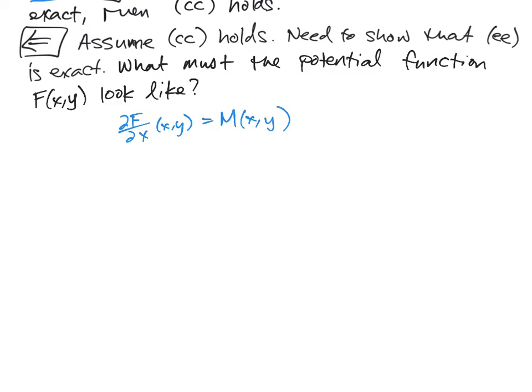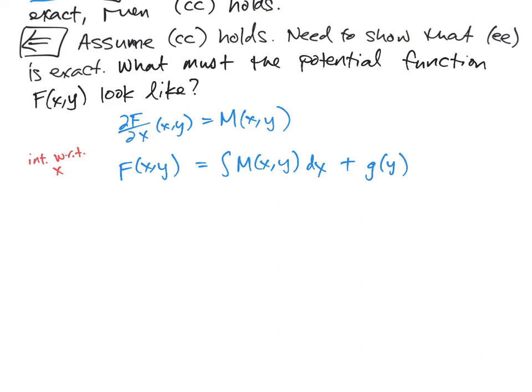So we're going to integrate with respect to x, and that'll give us that F of x, y equals the integral of M dx plus a constant, but that constant could have y's in it.